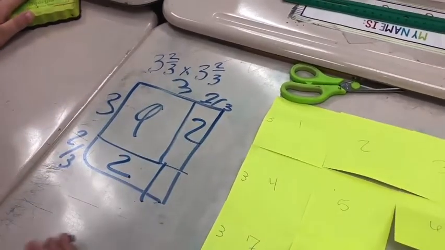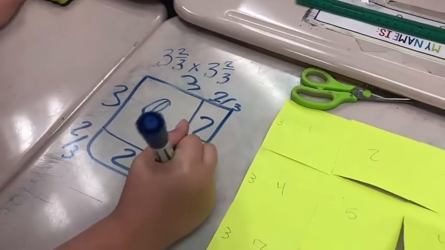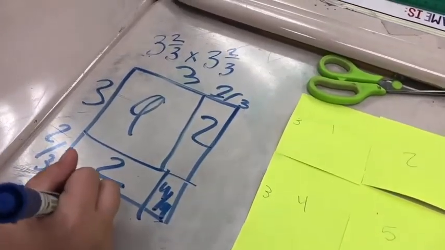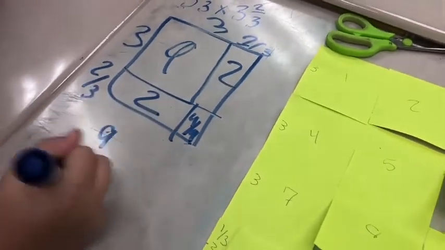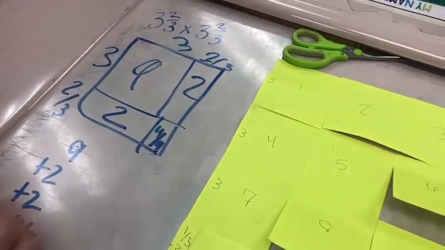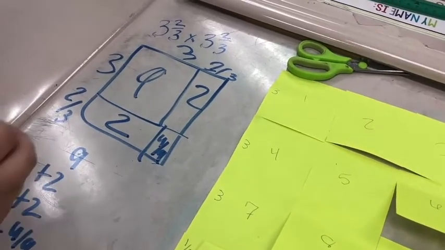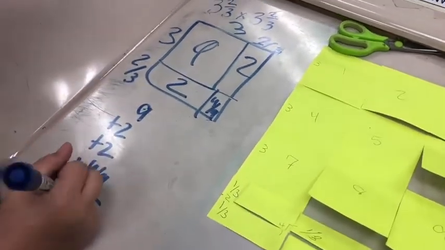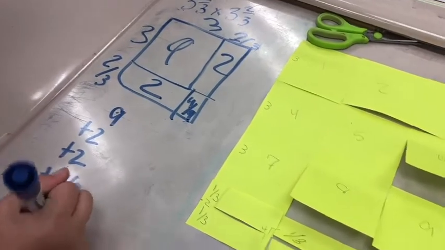And Voice level 1, please, thank you. And then over here would be 4 ninths, so then I just add up 9 plus 2 plus 2 plus 4 ninths equals 9, 10, 11, 13, and 4.